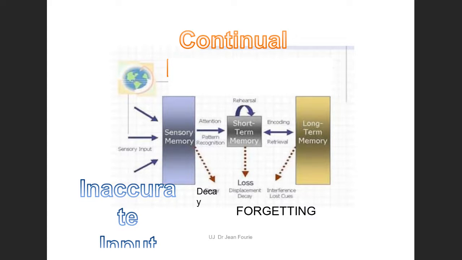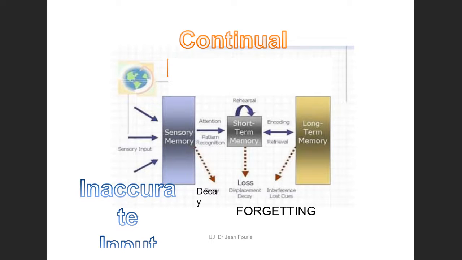And once information does get into long-term memory, which is what we're doing as teachers all the time, trying to get learners to store information correctly and accurately and in the right procedures and orders and so on in their long-term memories, there is forgetting that happens in long-term memory.